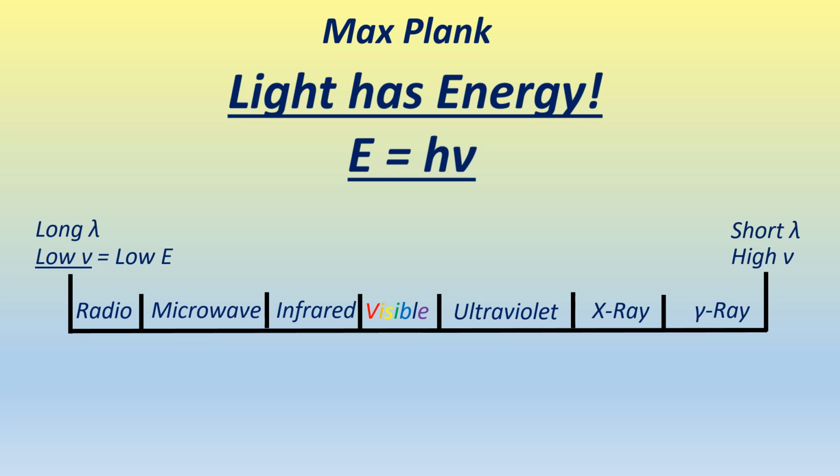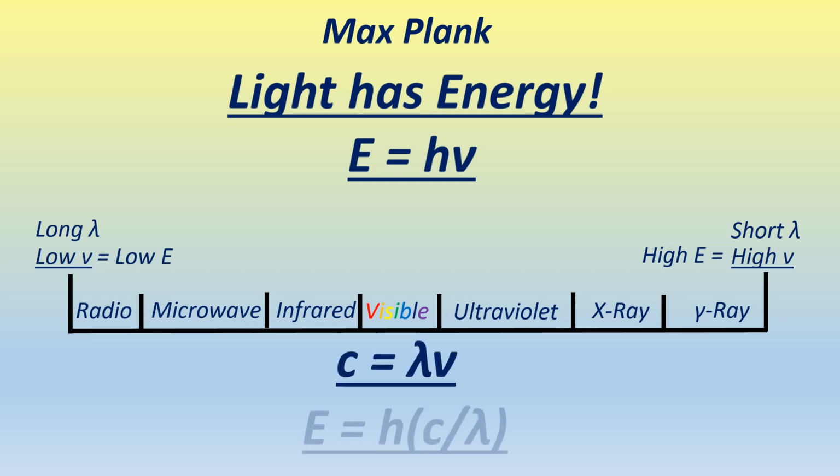On the other hand, you don't want to take any more X-rays than are necessary because anything at the high frequency end of the spectrum has a high energy. Since the speed of light is known and related, we also know that the energy equal to h times the frequency could also be expressed as h times the speed of light over the wavelength.